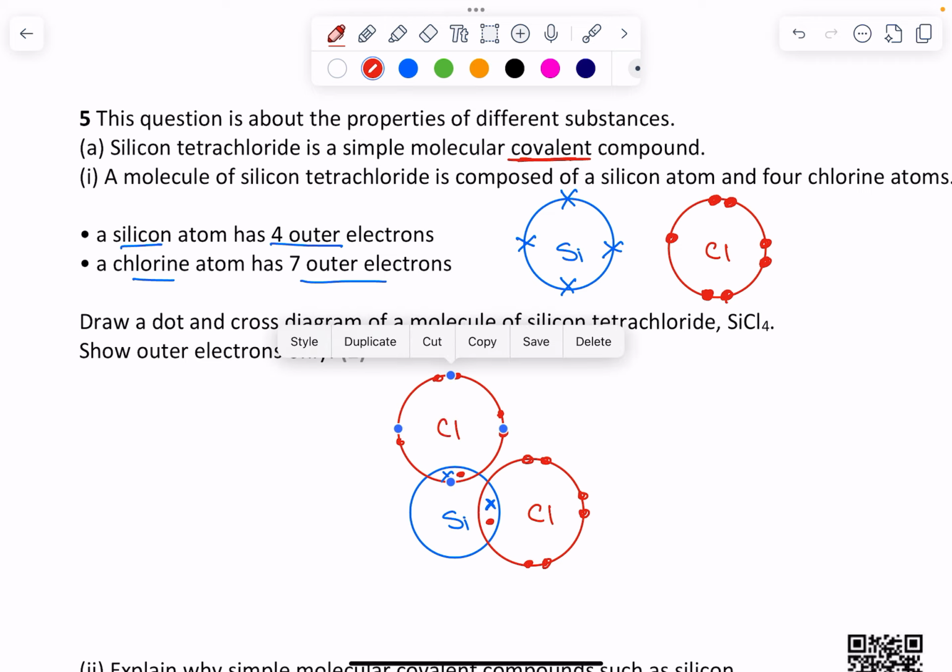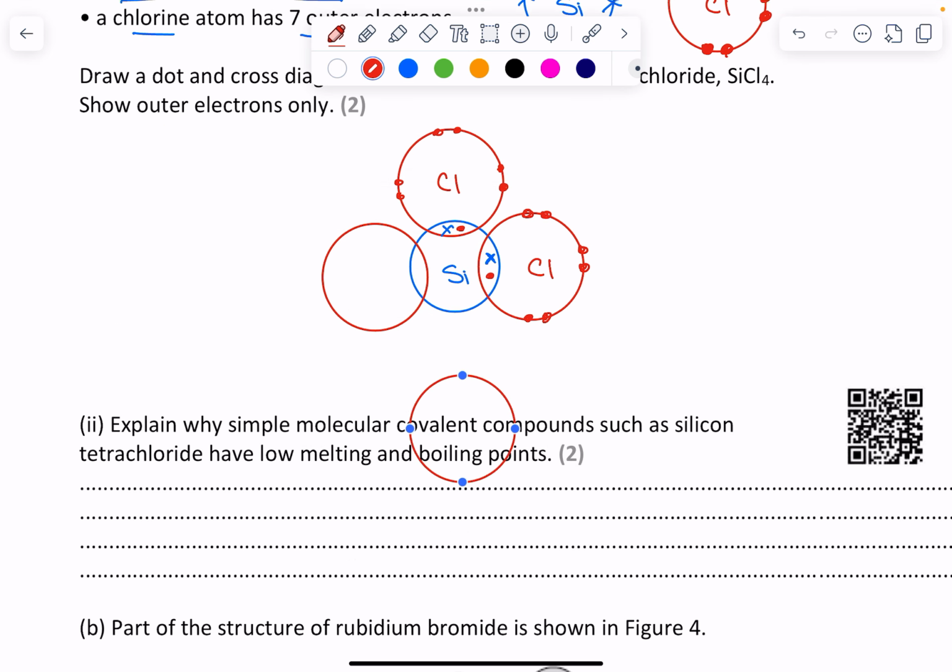So let's duplicate that, let's put 1 there, and I'm going to duplicate that again and put 1 there. Then as you can see, what we've ended up with here is a structure, a molecule that has 4 covalent bonds in the middle, with these chlorines bonding by sharing the electrons with the silicon in the middle.